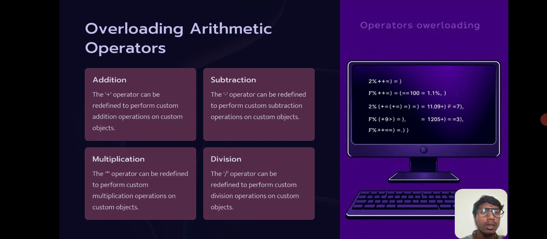The minus operator can be redefined to perform a custom subtraction on custom objects. Multiplication. The star operator can be redefined to perform a custom multiplication on custom objects. Division. The divide operator can be redefined to perform a custom division on custom objects. Here is a simple example of overloading arithmetic operators.